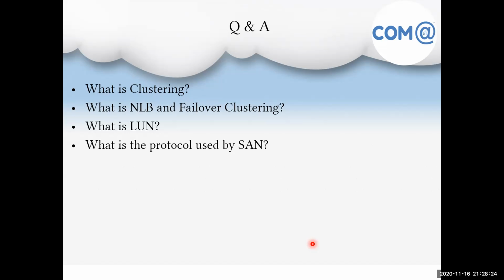Usually, in SAN storage, there are two types of protocols supported: iSCSI protocol and FC protocol. If it is an FC storage, then the FC protocol will be used, that is, fiber channel protocol. If it is an iSCSI storage, then the iSCSI protocol is used to connect the LUN.